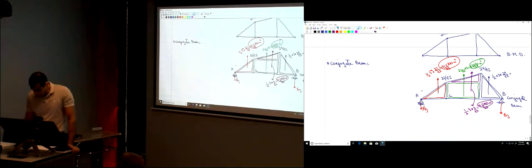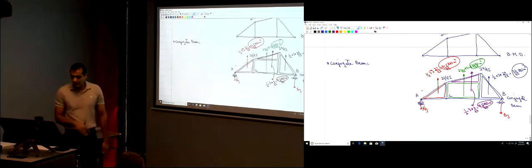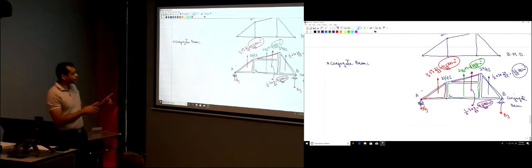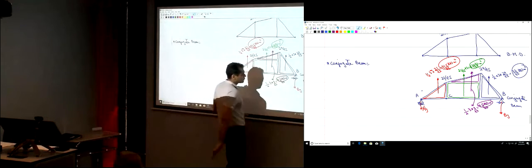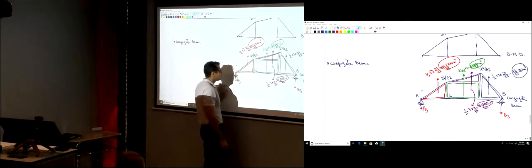So that's 36 divided by EI kilonewtons meters square. So now I have those four concentrated forces.